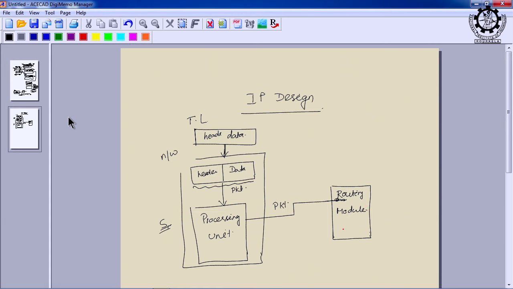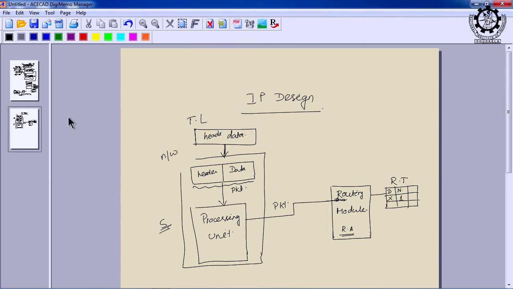So, here your routing algorithm gets executed with the help of a smaller unit or module called the routing table. We know that every host has its own routing table. So, this module has its associated routing table which says, for this destination, who is my next hop. Let us say for the destination x, the next hop is 1.